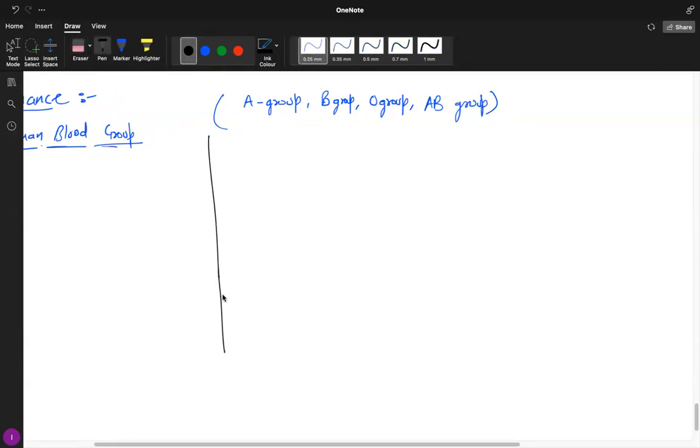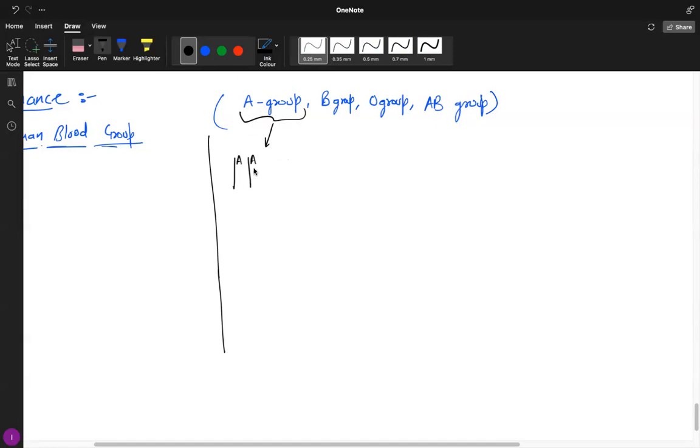Okay, let's talk about how A group comes. If a group is A, there are two ways it can have A group. Let's say this is one chromosome from father, one chromosome from mother. Either it contains the A allele on both the chromosomes. So IA IA will give rise to A group. Is this codominance?